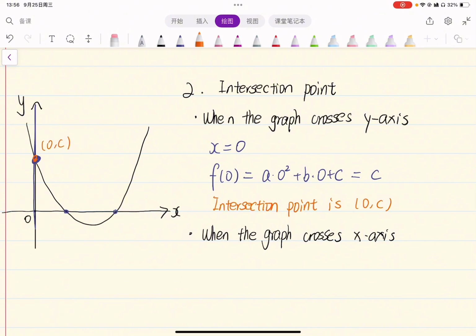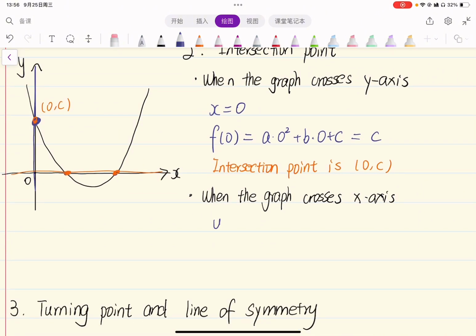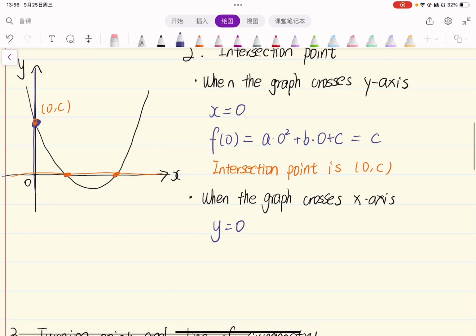So that is this line, so these 2 points, which means y equals 0, right? It implies that f(x) equals 0. We have talked about this in the previous video, which means you need to find the values of x for which f(x) equals 0. That is the roots of the function.